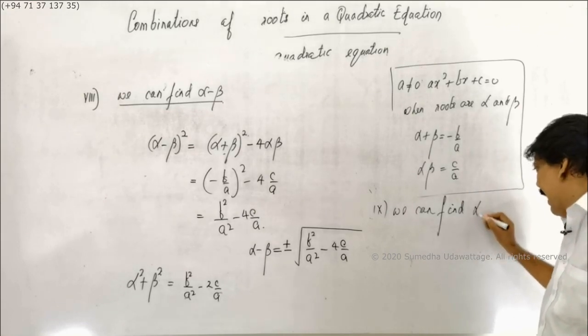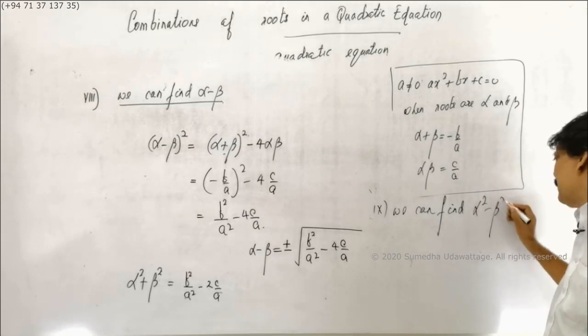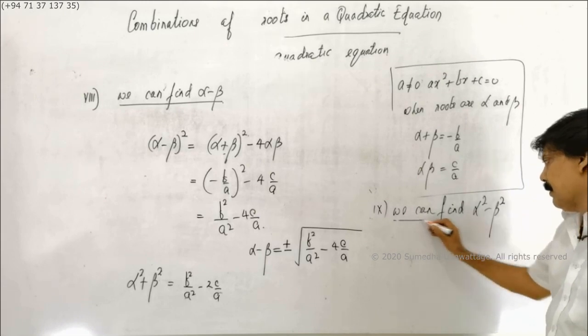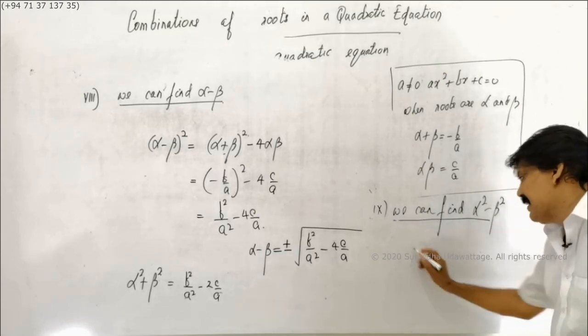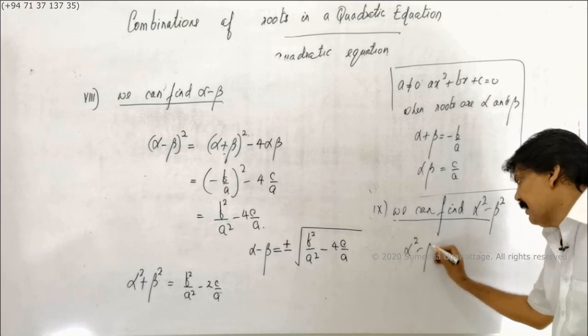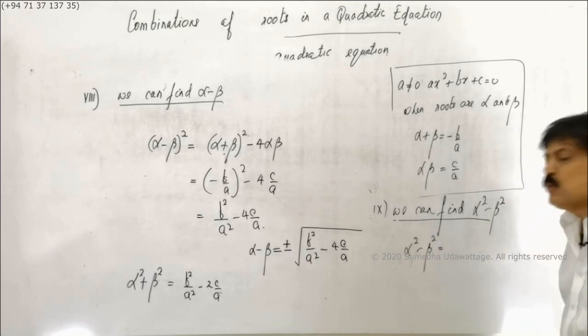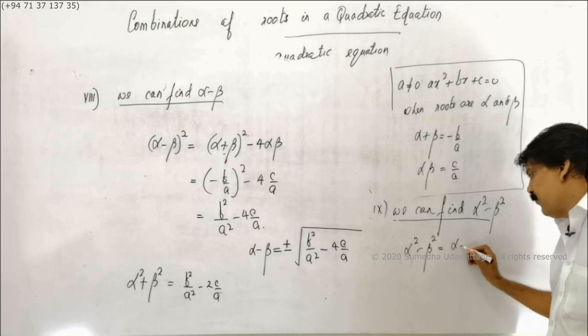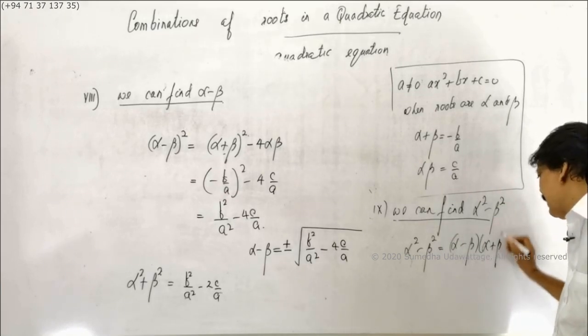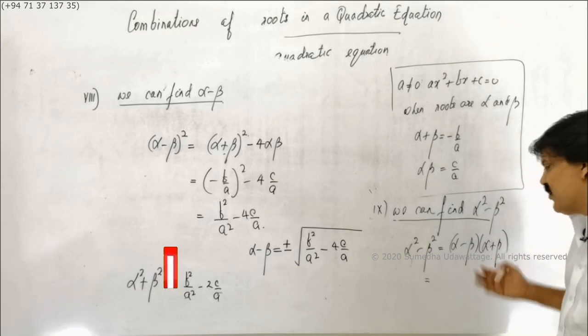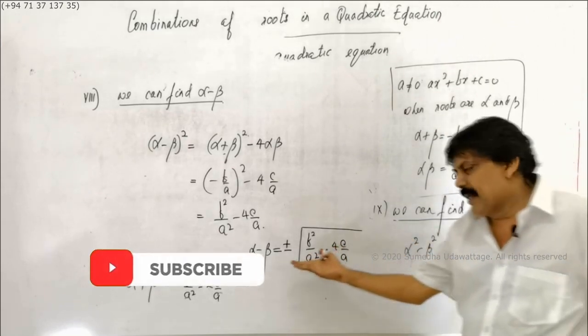We can find alpha square minus beta square. Alpha square minus beta square is the difference of two squares. It would be alpha minus beta times alpha plus beta. We have just found the value of alpha minus beta.